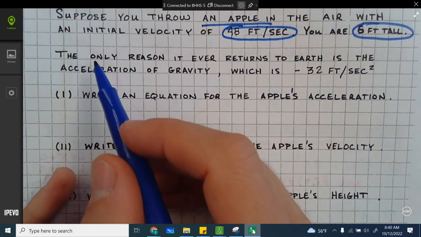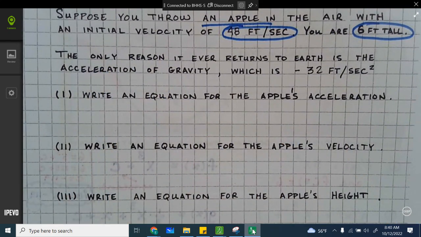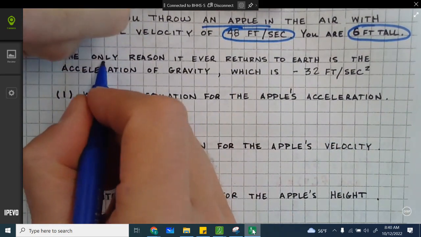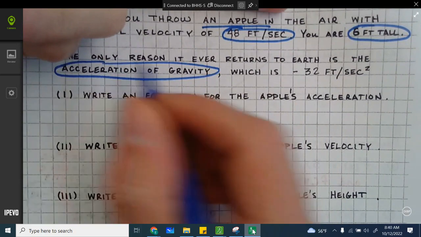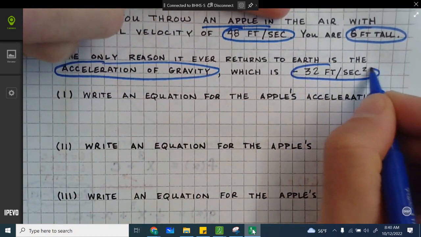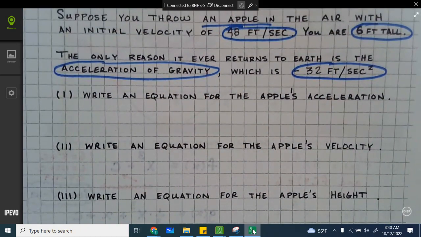All right, here we go. The only reason that this apple is ever going to come back down is because of the force of gravity, the acceleration of gravity, which is this. So I'm throwing my ball up. It goes up. It comes back down.